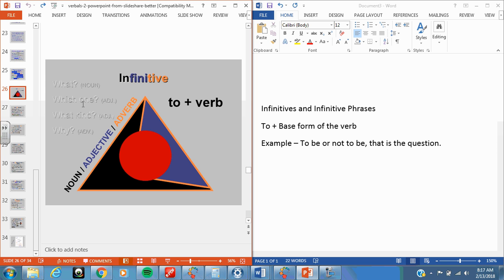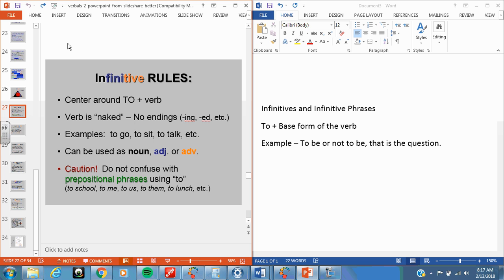And further, if they are adjectives or adverbs, being able to identify what they modify, and if they are nouns, being able to tell me what kind of noun they are in a sentence. So infinitives in general tend to be the hardest verbal, not because they're difficult to find like participles are, but because of the ability of them to be multiple parts of speech.